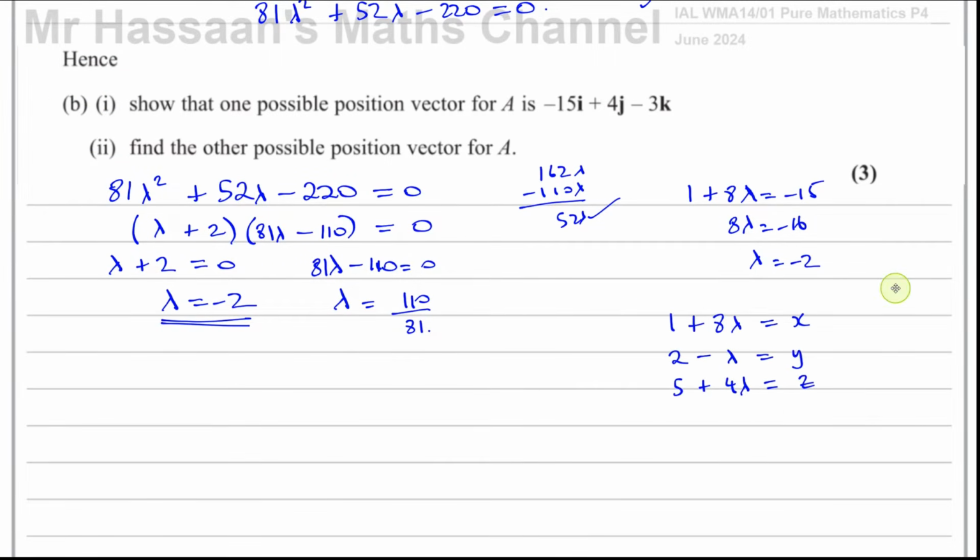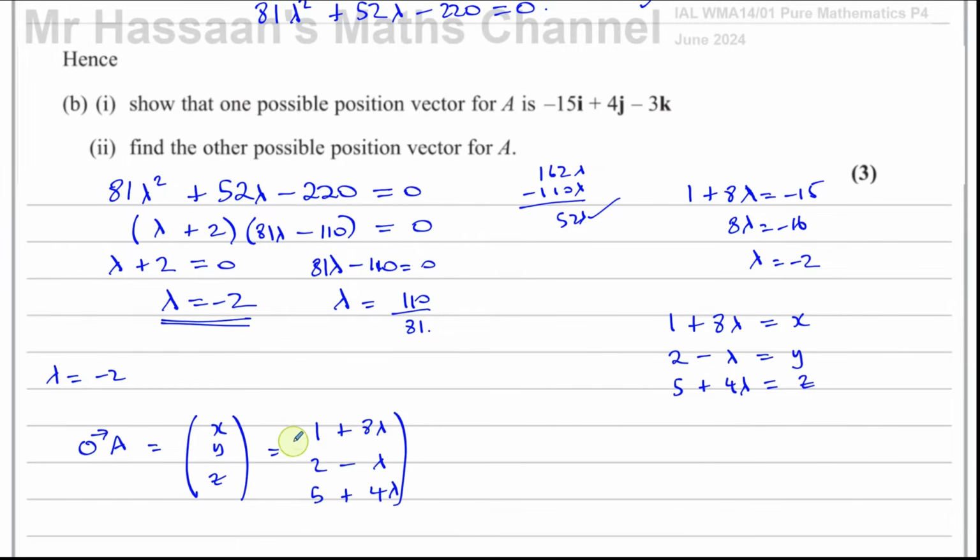Okay, so we know now that lambda is equal to negative 2. So we put lambda equals negative 2 in here, and we should get our values. So we can say that OA is equal to (x, y, z), which is equal to (1 plus 8 lambda, 2 minus lambda, 5 plus 4 lambda).